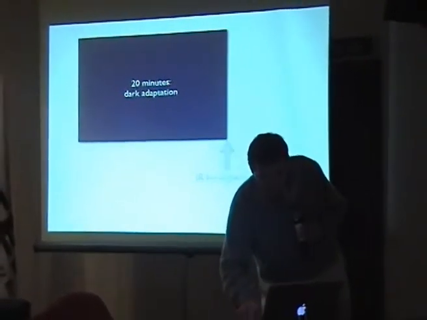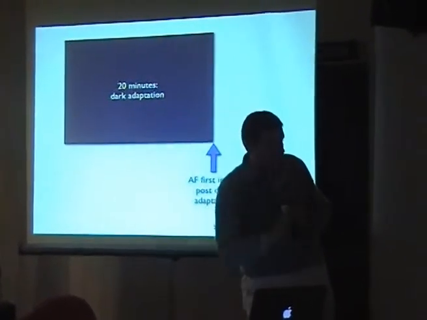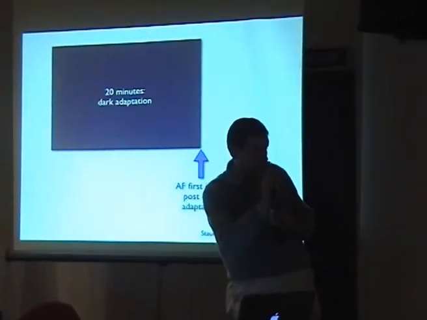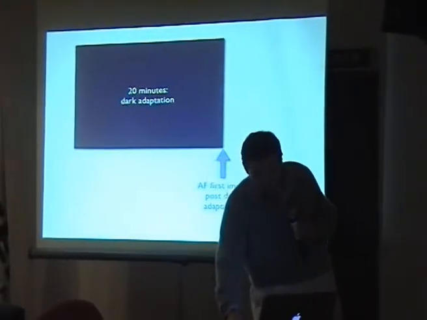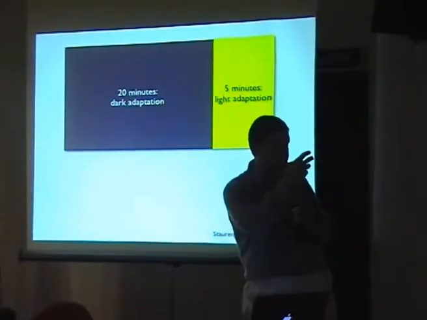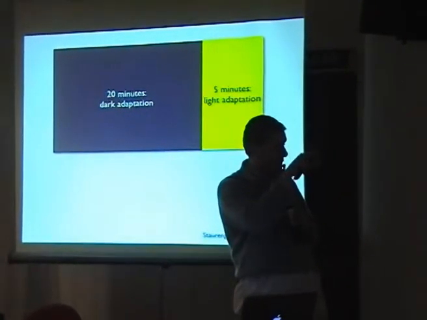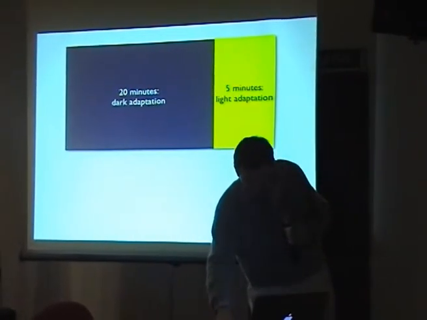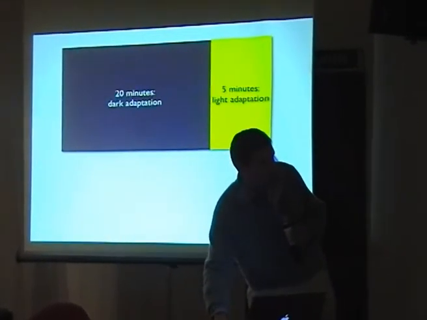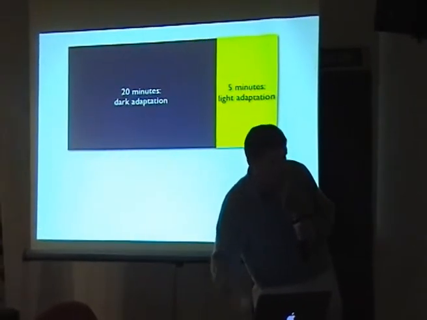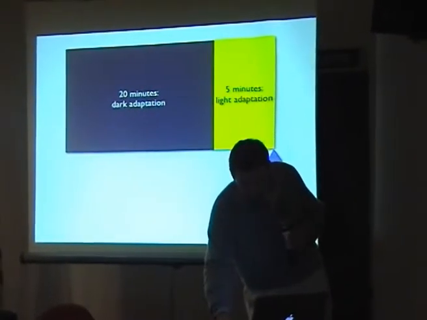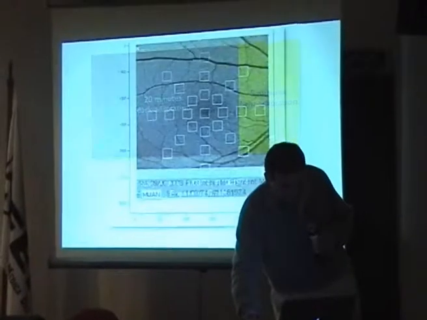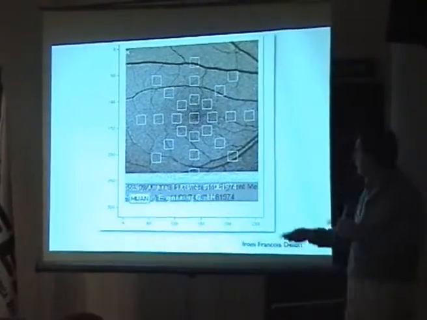Then we immediately take a first autofluorescence image, so in dark adapted. Then we keep the patient for 5 minutes in front of the instrument with the lights on, and then we take the other autofluorescence image in light adapted. And then we get with software some images like that.